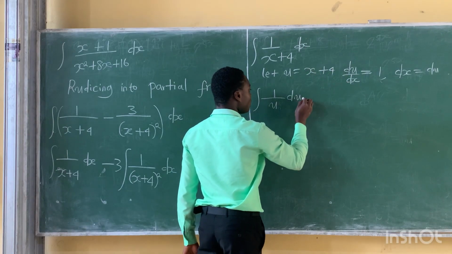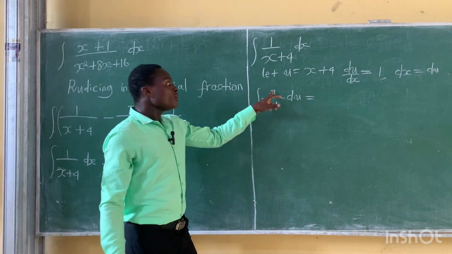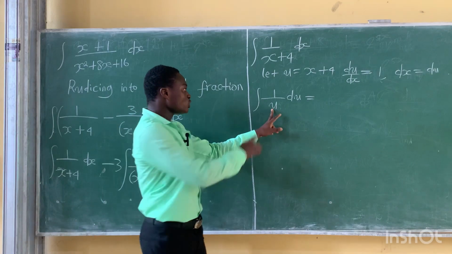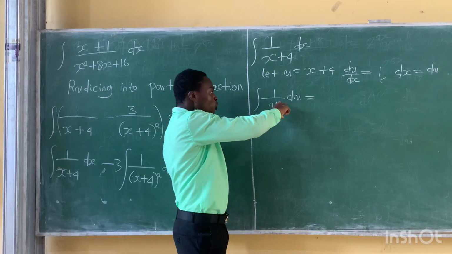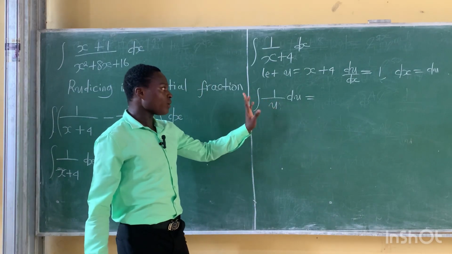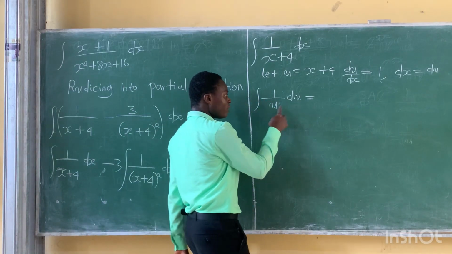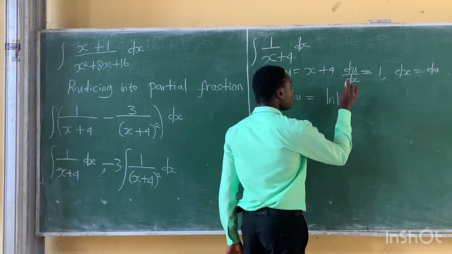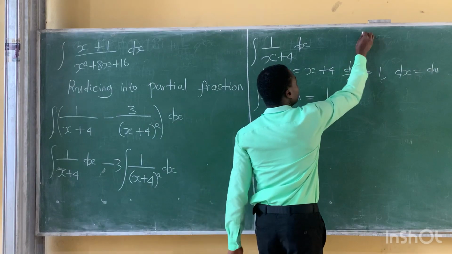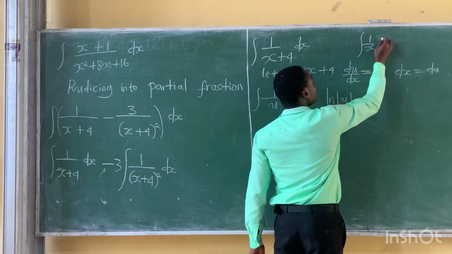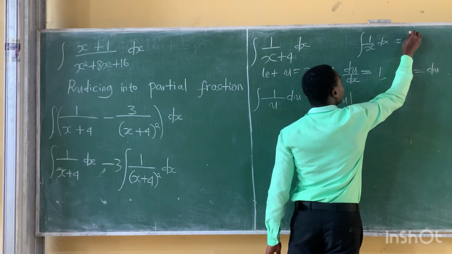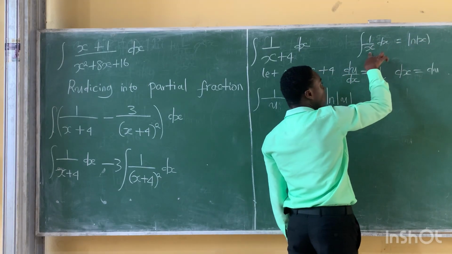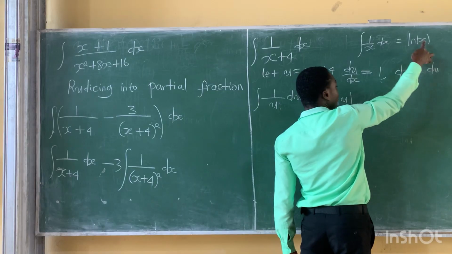Take note: if you integrate 1 over a given function, where the power of the function is just 1, you always have the natural log of that function. So if you integrate 1 over u, you have ln u. If you integrate 1 over x with respect to x, you get the natural log of x. If you integrate 1 over y with respect to y, you have the natural log of y.